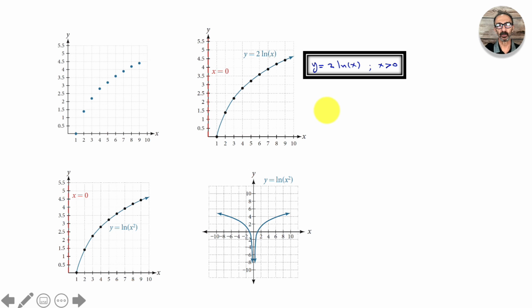Now, if you want to go more, you could take the 2 in ln as a power rule in log. It becomes ln x to the second. If you do that, you could see the graph. It's the same thing. You could graph this. But if you don't pay attention to the restricted domain, which is x greater than 0, here you could plug in negatives.